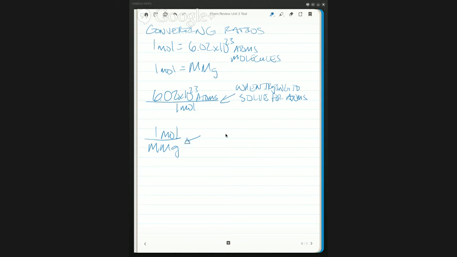Another way it could be said is that you are converting grams to moles. Okay? So those are conversion factors that come from the equalities. All this that we've just covered can be very valuable for doing the mixed review.